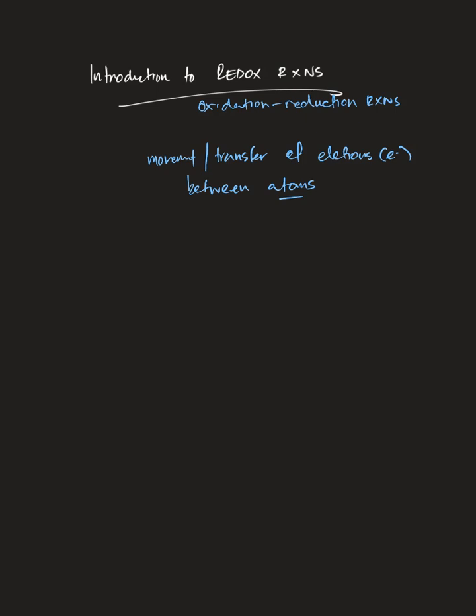Important. So if I had atom A over here and I had atom B over there, atom A is going to transfer and give to atom B an electron. So if there is an atom that will give and an atom that will receive, then I'm in a situation where I have a redox reaction.